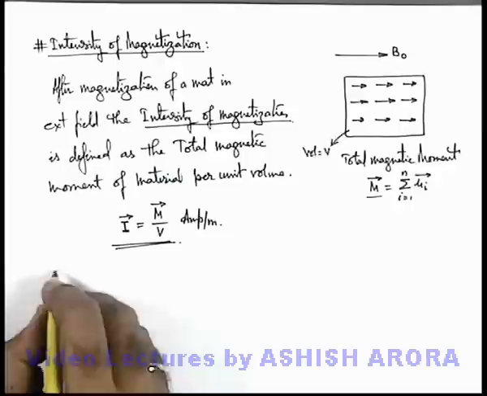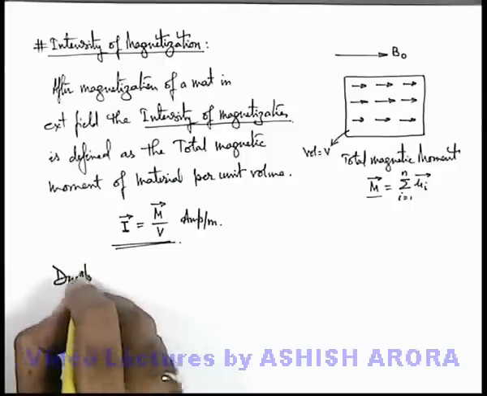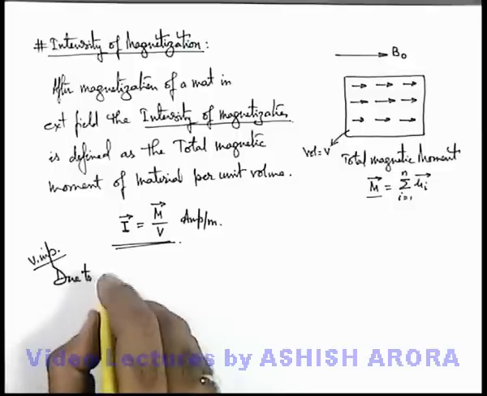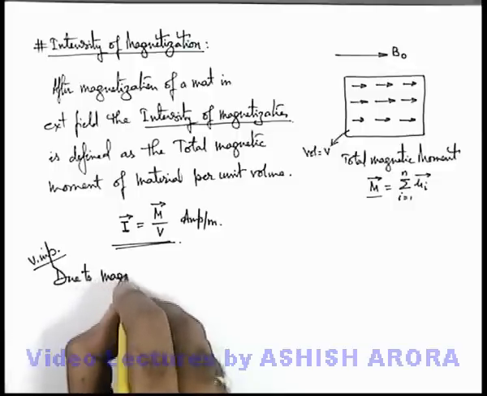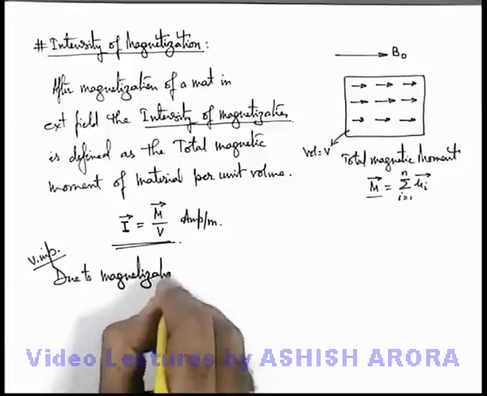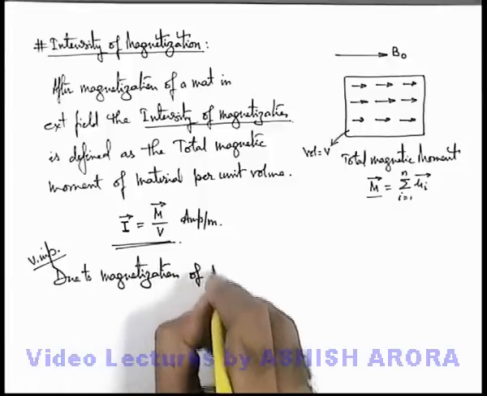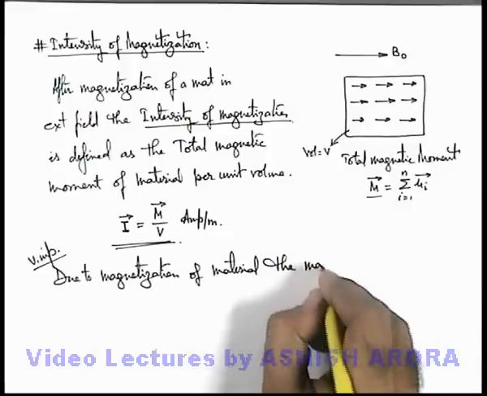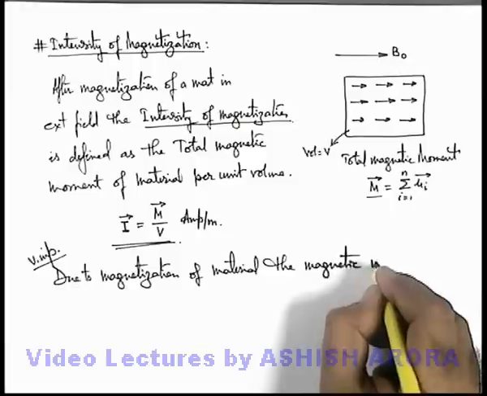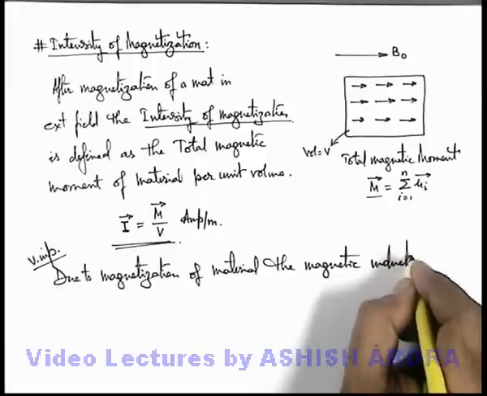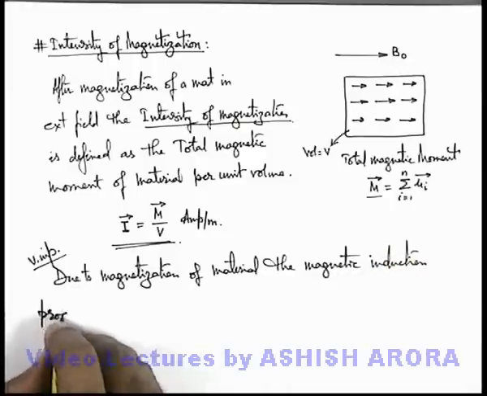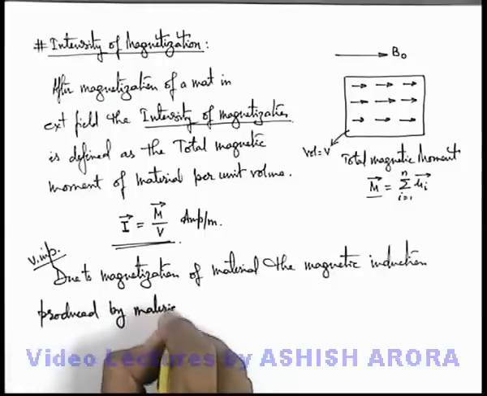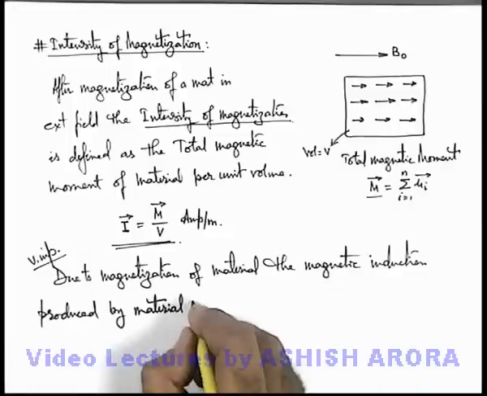Here we can also add, this is quite an important point to be understood by all the students, that due to magnetization of material, the magnetic induction produced by the material.